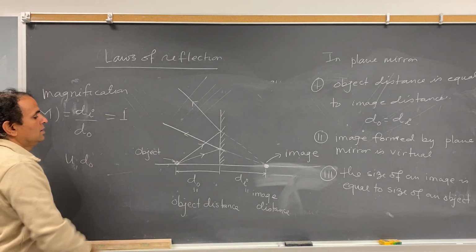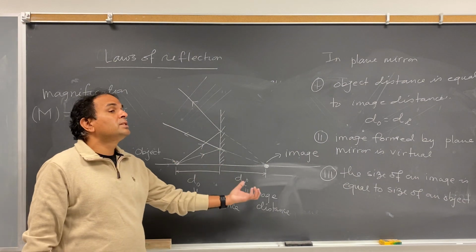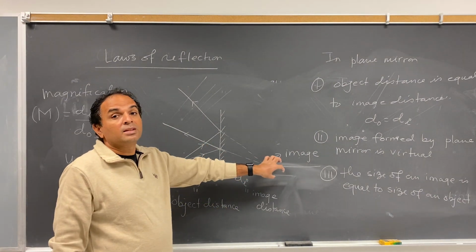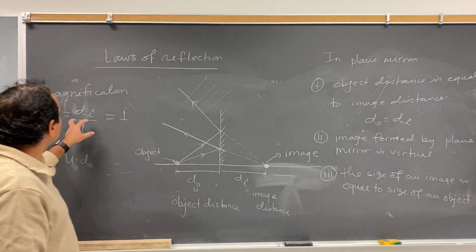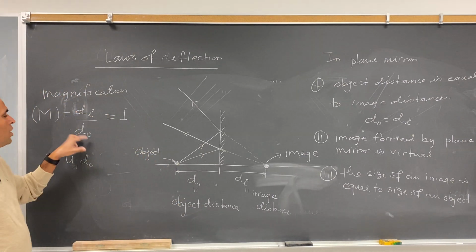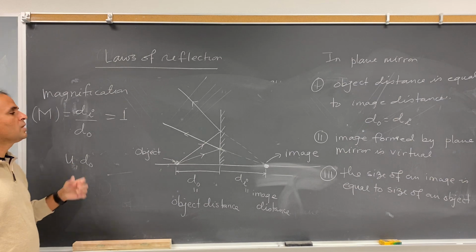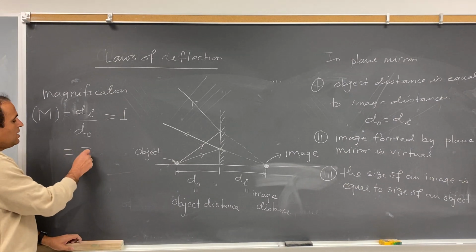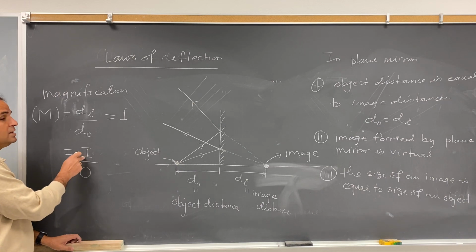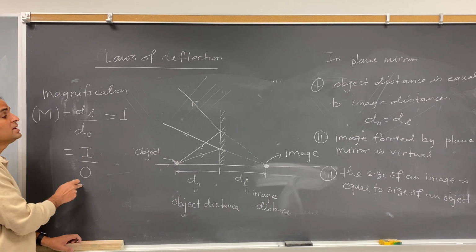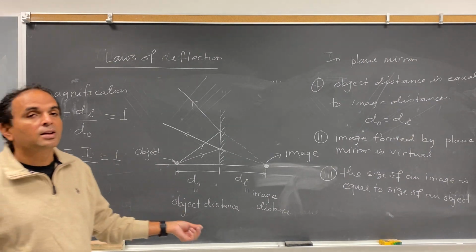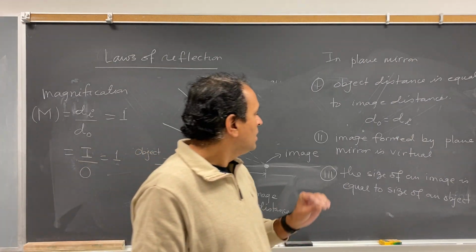You know that object distance and image distance, they are equal. Size of the object and size of the image, they are also equal. So the magnification, you can write down image distance divided by object distance, or you can also write down like I divided by O. I is the size of the image and O is the size of the object. Of course, this is also 1, because size of the object and size of the image, they are equal.